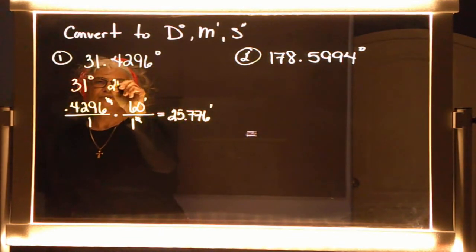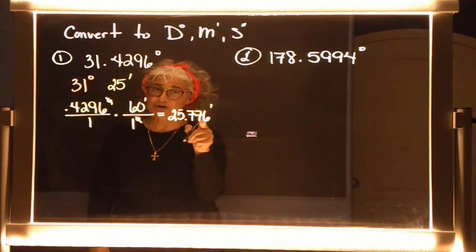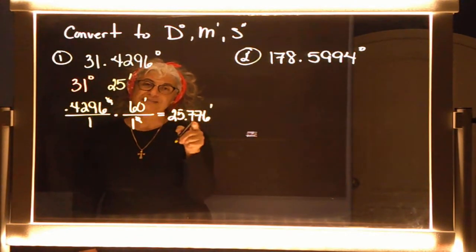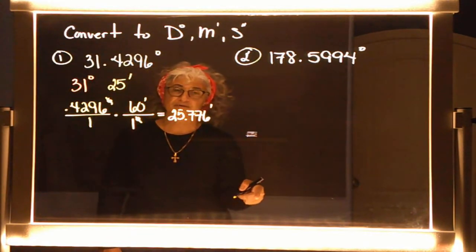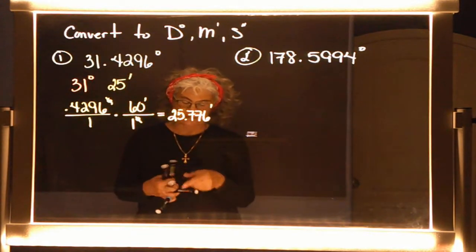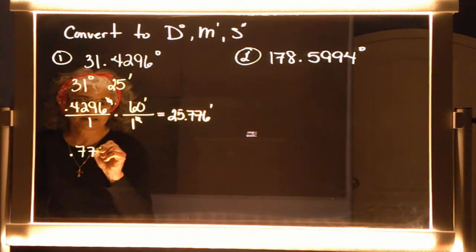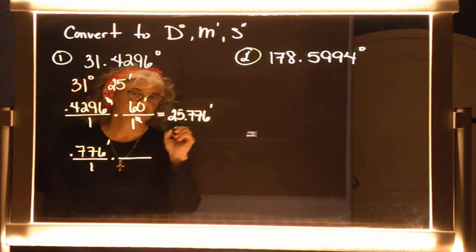So I know I have 31 degrees and 25 full minutes, but then I've got a partial of a minute over here. 776 thousandths, right? I've got a partial of a minute, which means I can take this partial of a minute and convert it to seconds. So let's take this partial of a minute and let's convert it to seconds.